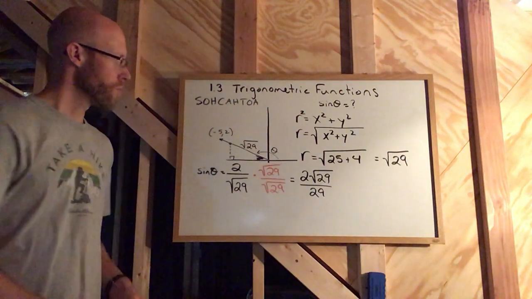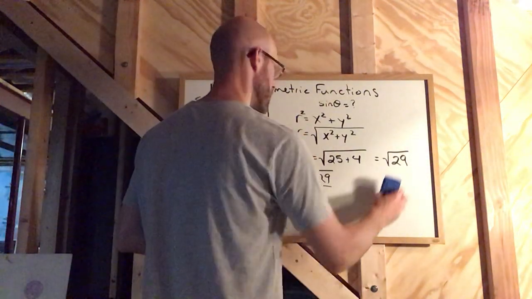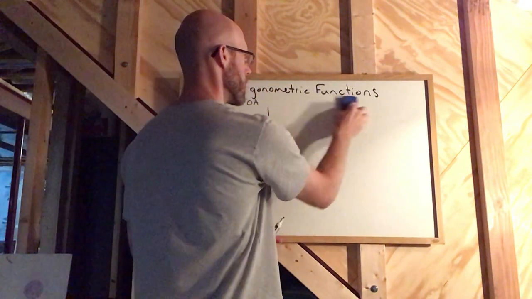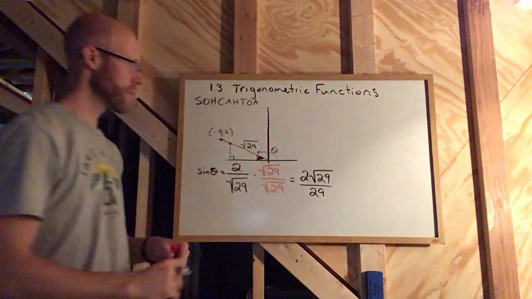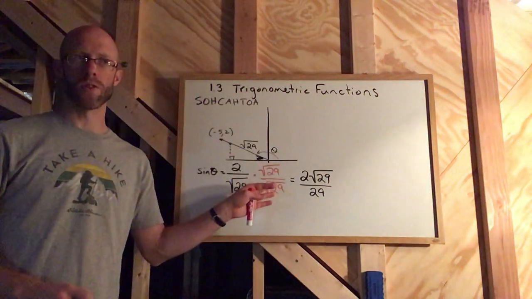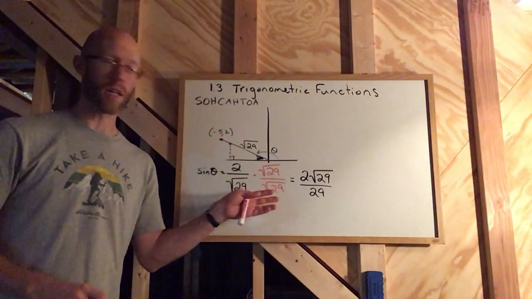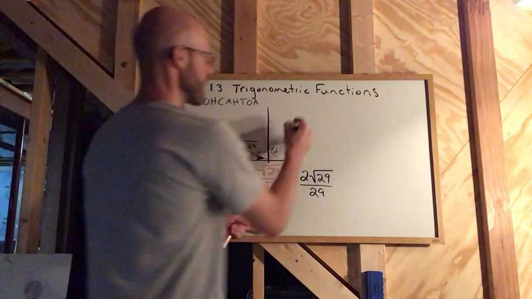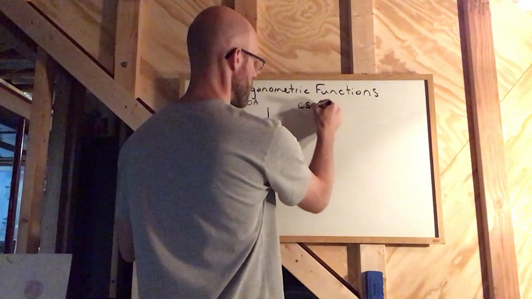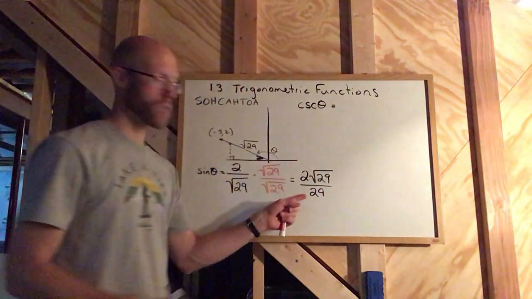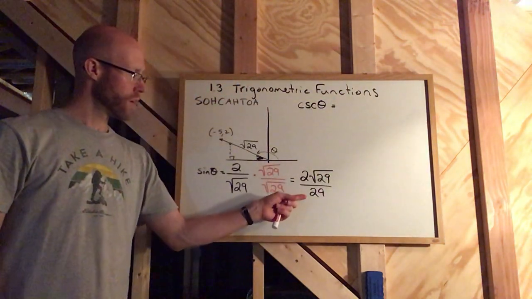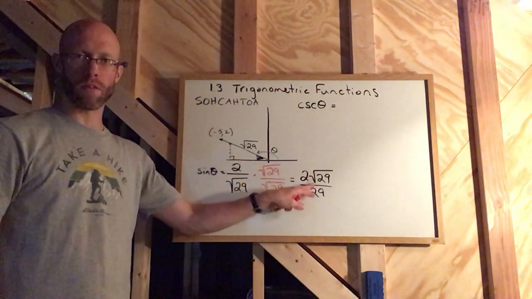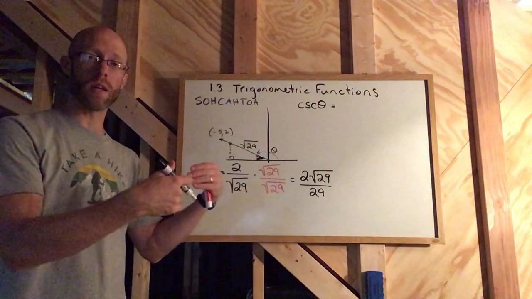Okay. We can also work with the cosine, the tangent, and all the other ones. As soon as I know the sine, I should be able to do the cosecant immediately just by flipping it. Okay, so the cosecant, CSC theta, is the reciprocal of this one. Now if I flip this final answer, I'm going to move the radical back to the bottom and have to rationalize.